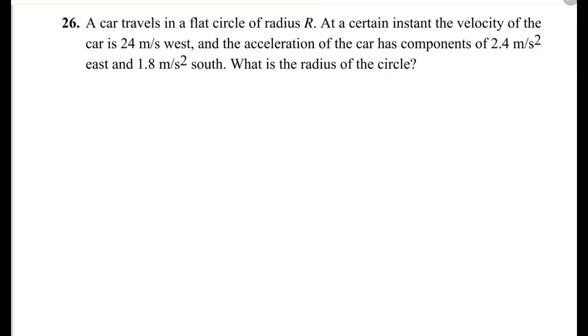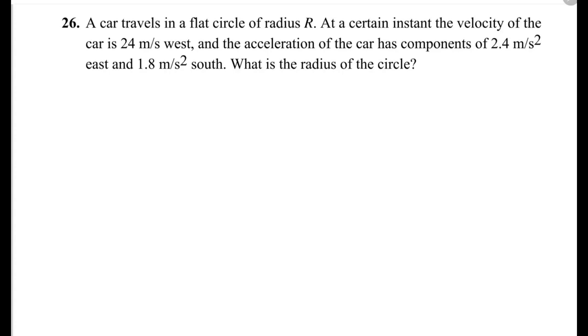A car travels in a flat circle of radius r. At a certain instant, the velocity of the car is 24 meters per second west, and the acceleration of the car has components of 2.4 meters per second squared east and 1.8 meters per second squared south.